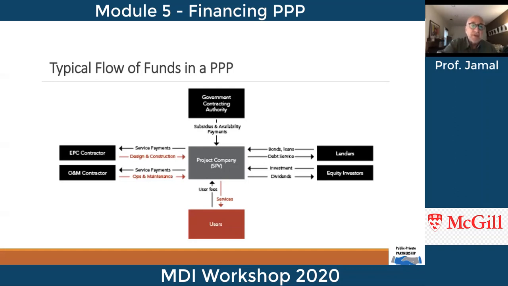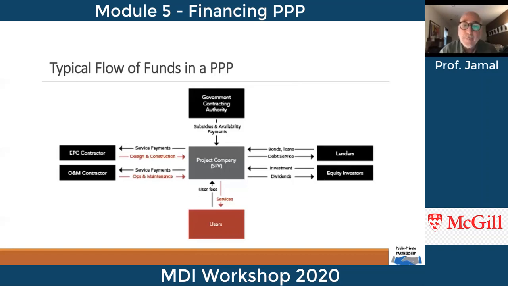So as you see in this chart, the relation again between the project company, the EPC contractor, the service payment, and the way the project company is financed through bonds, loans, and debt service, and how the equity investor injects investment but in return expects dividends, is important.